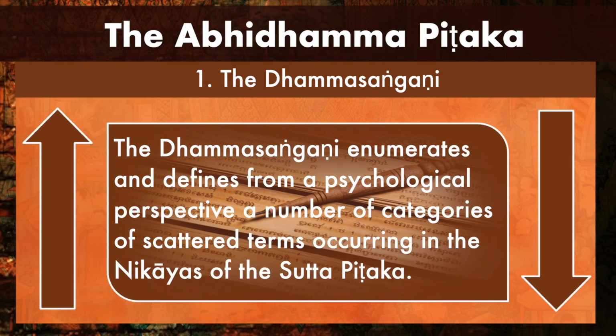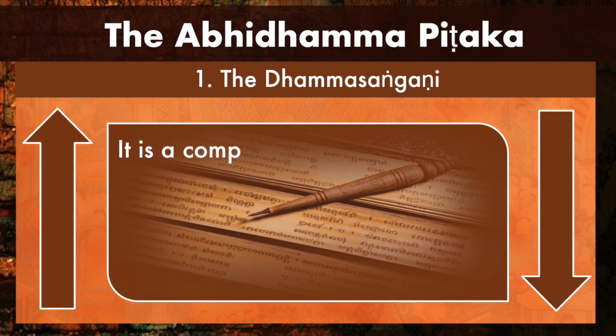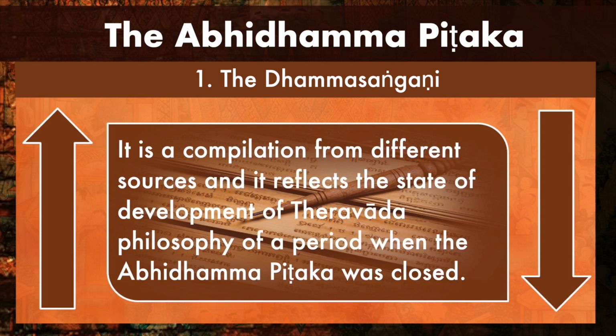The Dhammasangani enumerates and defines, from a psychological perspective, a number of categories of scattered terms occurring in the Nikayas of the Sutta Pitaka. It is a compilation from different sources, and it reflects the state of development of Theravada philosophy from a period when the Abhidhamma Pitaka was closed.